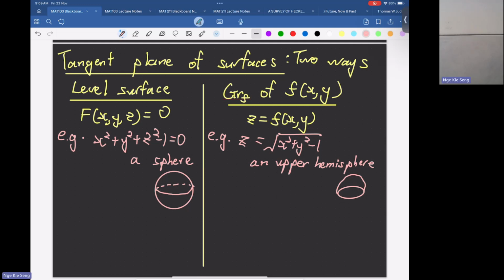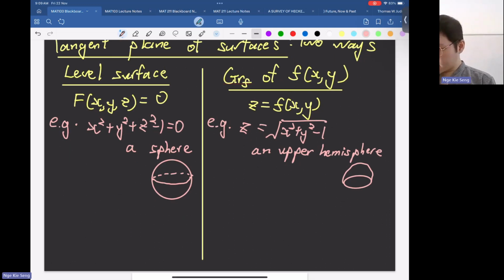Notice that you cannot write z equals some f(x, y) in this case, where you split z into two parts, which is plus minus square root of something. So a level surface is more general than a graph.